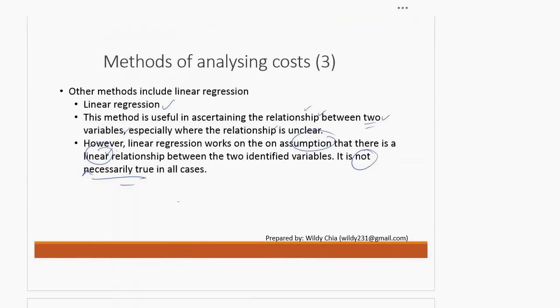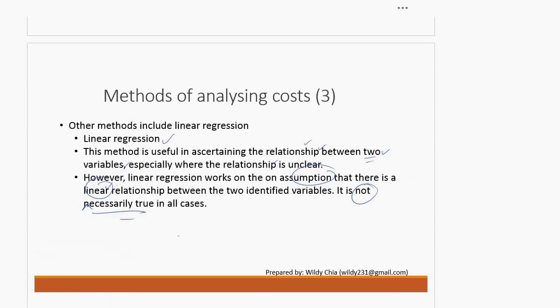Okay, and we go on to one more method known as the linear regression method. Linear regression method is very scientific. Basically, it tries to, again, same thing, assess the relationship between two variables. It works also on this assumption that there is a linear relationship between two variables, and honestly there is no linear relationship in all cases.